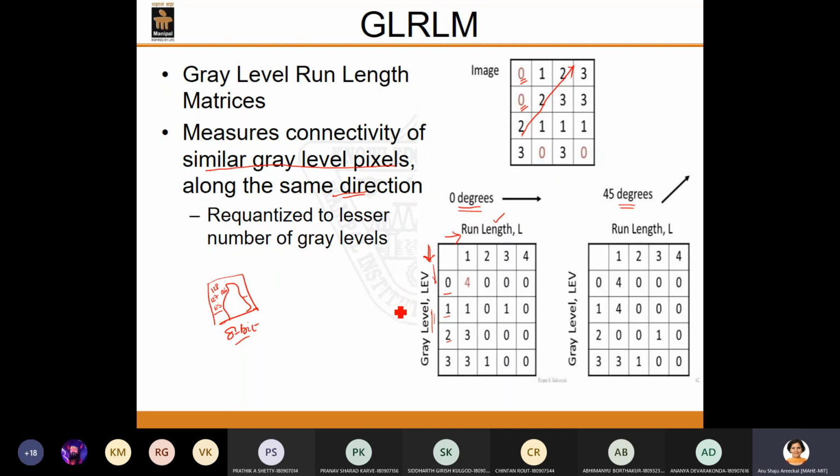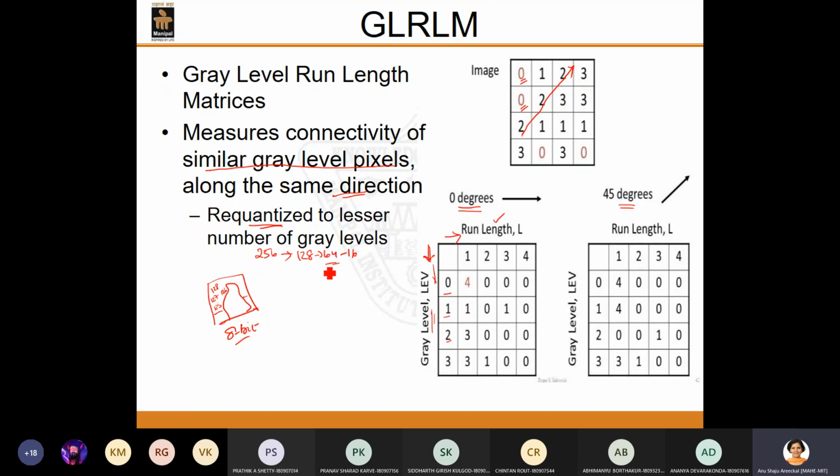So what is usually done is when you're working with either GLCM or GLRLM matrices, it is re-quantized to a lesser number of gray levels. So re-quantization means, let's say you have an 8-bit image with 256 gray levels, sometimes it may be reduced to maybe 128 or 64 or 16 and so on. Usually I think 64 is used. It may depend upon how many variations there are within the image and your requirements.